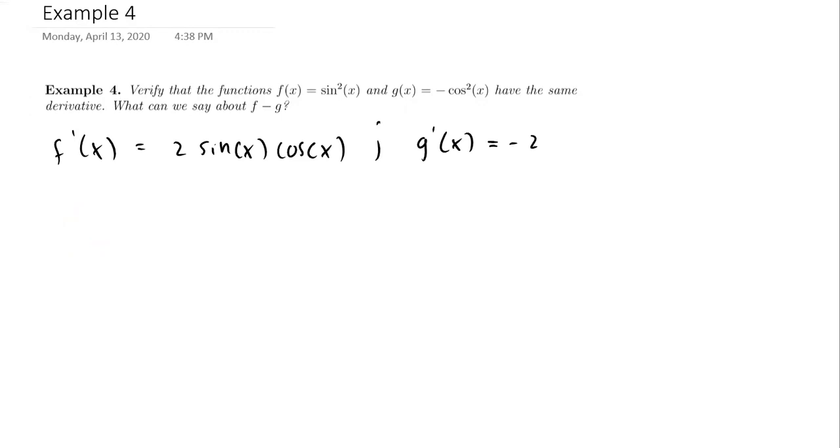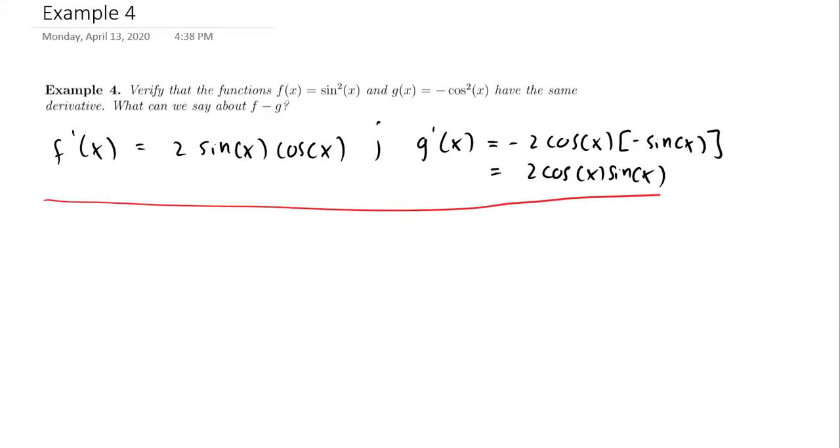Take the derivative of the outside, leave the inside the same, multiply by the derivative of the inside. Derivative of cosine is negative sine. You have two negatives, just multiply together to get a positive. So we end up with 2 times cosine times sine. And we verify that in fact f prime equals g prime.